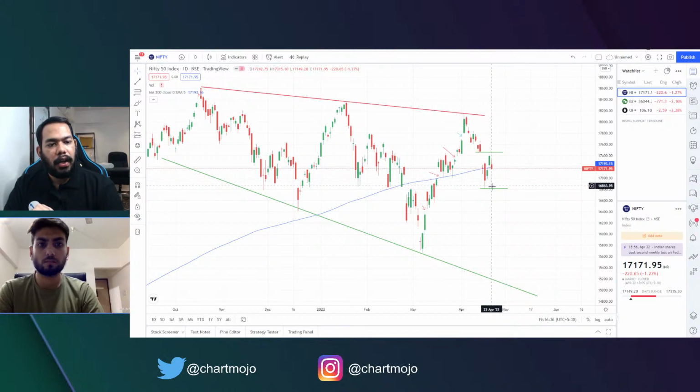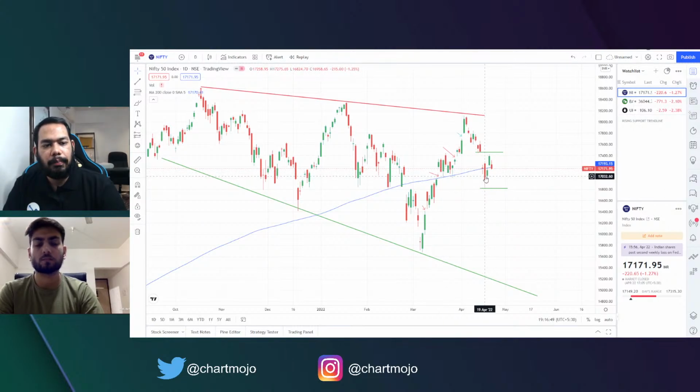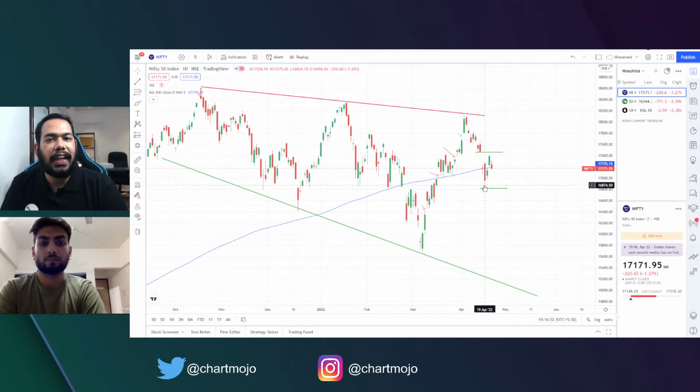Okay. If this 16,800 level is taken out, then surely we will go on the short side, because this 200 DMA, once an attempt has been made by Nifty, but you can see there was no follow-up selling.